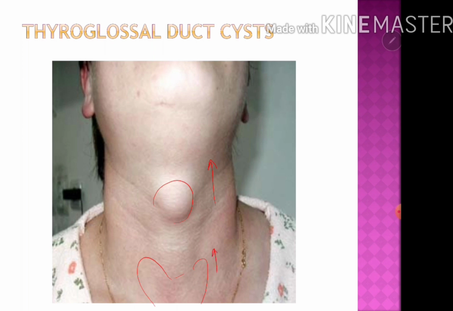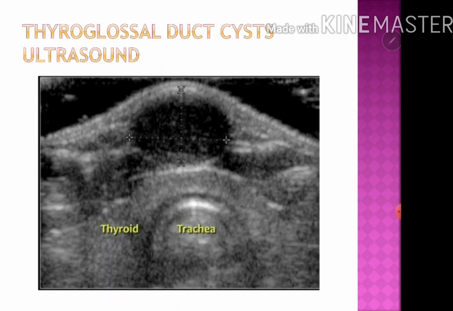Okay, and with the thyroid gland, we ask the patient to swallow, and it moves with swallowing rather than with protrusion of the tongue. That is seen in the thyroglossal cyst. This is an example of an ultrasound finding where the thyroglossal cyst can be seen. This is the thyroid tissue, and this is the thyroglossal cyst.